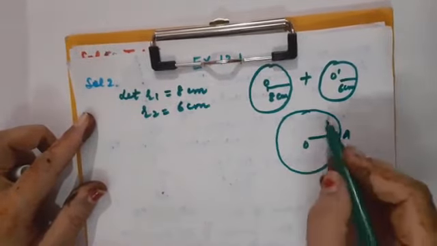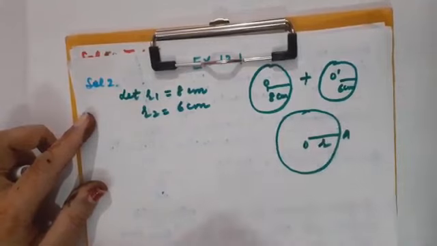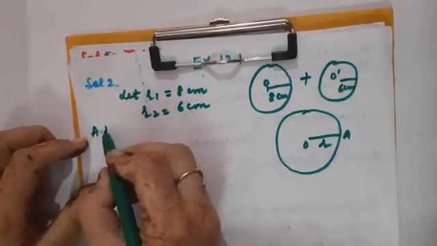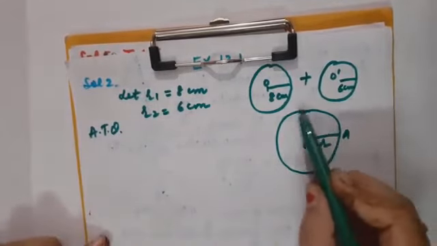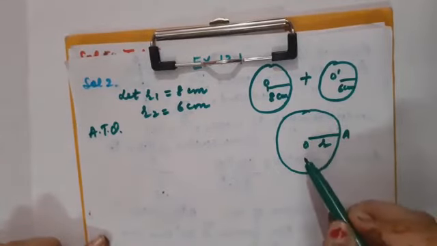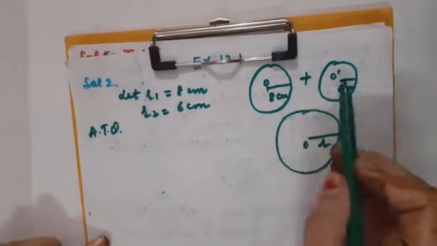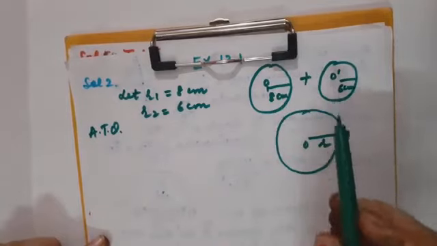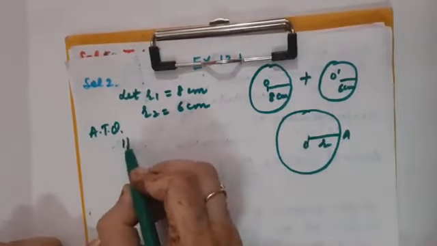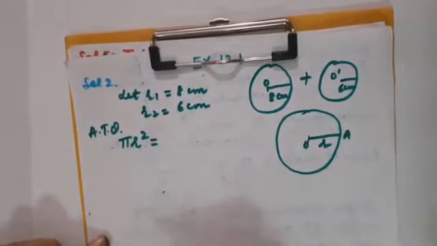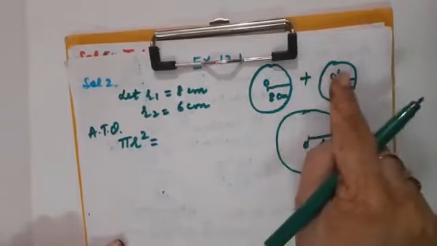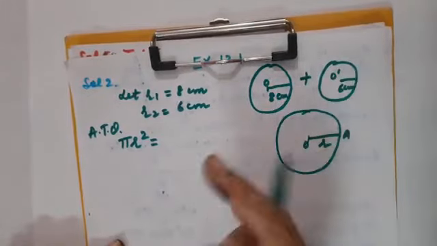And for this bigger circle I am going to consider its radius as R. According to the question, it is said that the area of this bigger circle is equal to the sum of the areas of both of these two smaller circles. So can you tell me, if the radius of this bigger circle is R, what will be its area? Correct. Its area will be pi r square. So the area of this bigger circle is equal to the sum of the areas of both of these two smaller circles. So let us calculate.